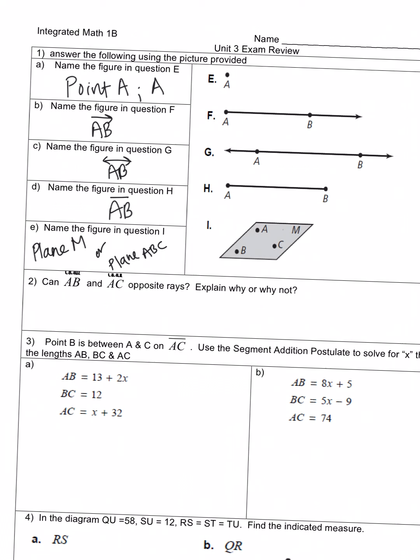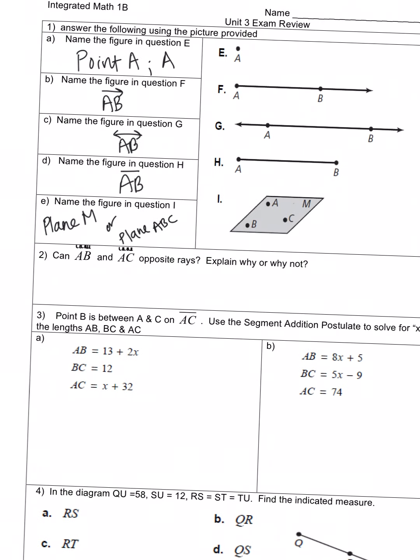All right, number 2. Can AB and AC be opposite rays? This is a little crazy because of the math type. Sure.